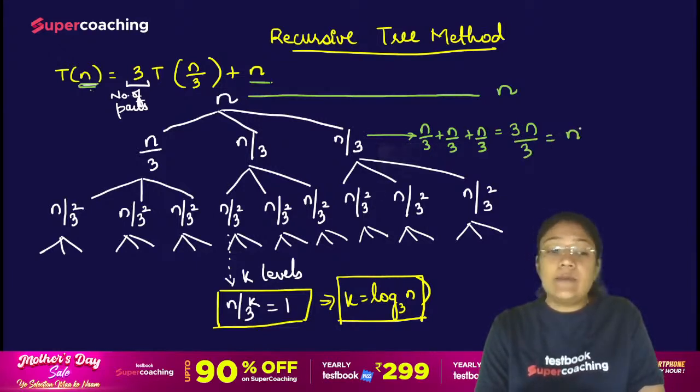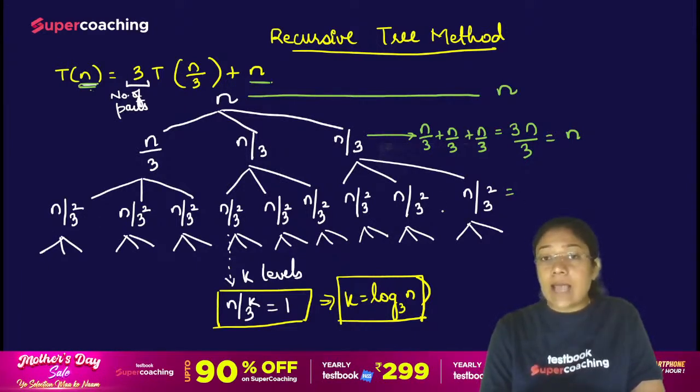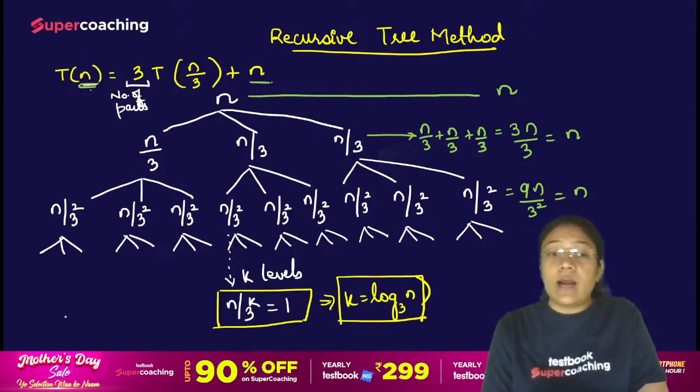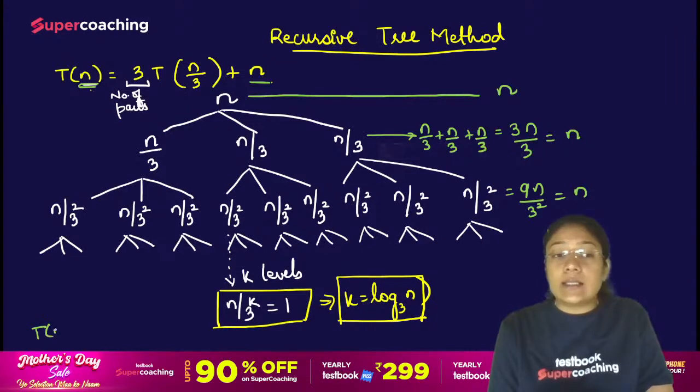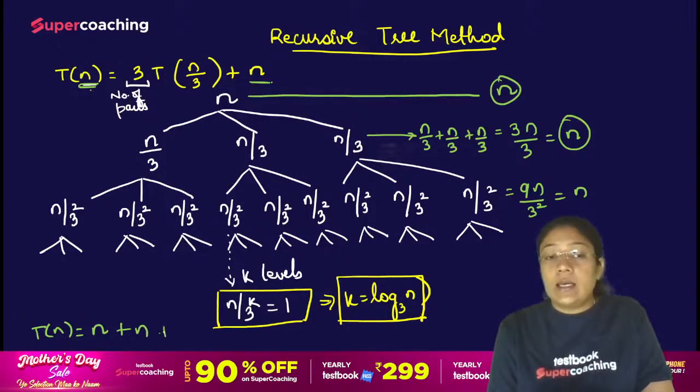Right? At second level also, it requires n time. At this level, 9 terms are there. 9n by 3 square, that is taking n time. यानी कि हर लेवल पे n time चाहिए और कितने levels तक? For log n levels, right? So I can simply write this as t of n is equal to n time is required at the first level, then n time is required at the second level, then n time is required at the third level, and so on. कब तक?